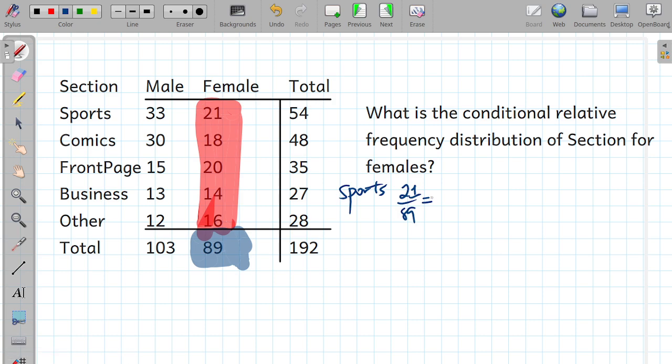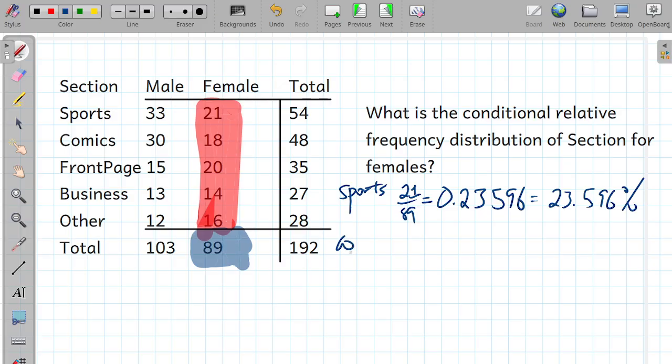0.23596. So we have 23.596%. So we'll go through these and do them all as well. Comics, 18.